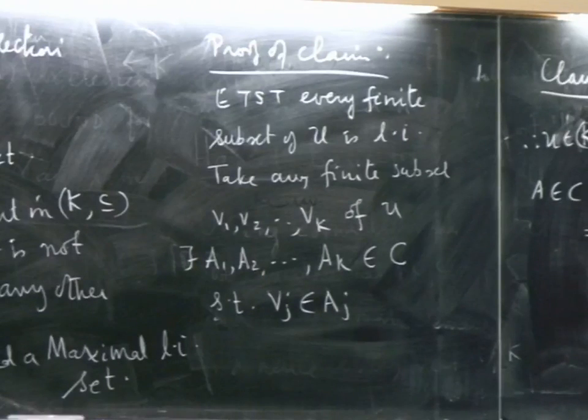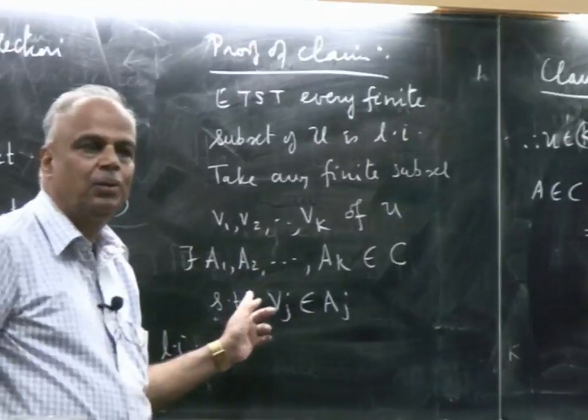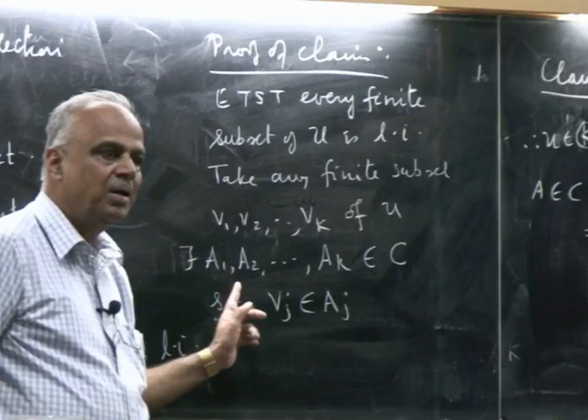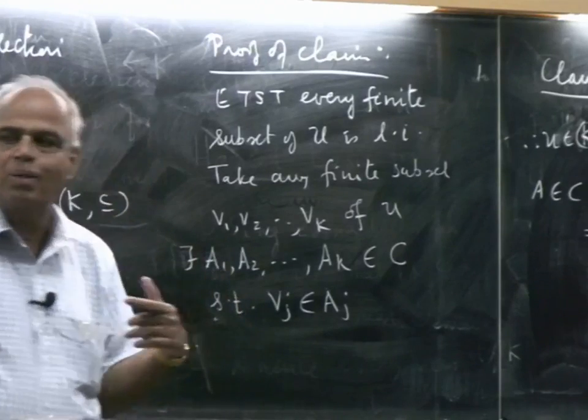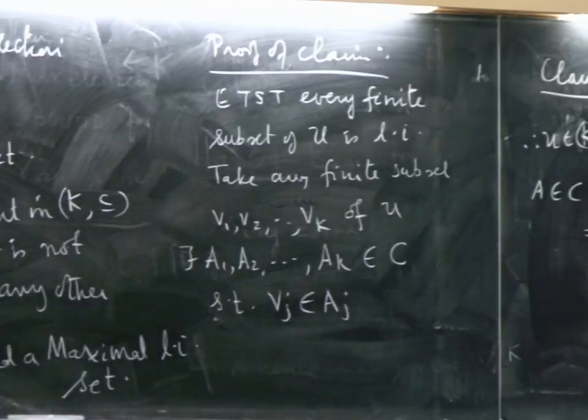Now, what can you say about A1, A2, ..., Ak? It is a chain. Compare A1 and A2, one of them will be bigger, throw away the smaller one. Compare the bigger one with A3, take the bigger one and go on. Finally, you will get the largest among the k sets, which is precisely the union of A1, A2, ..., Ak.